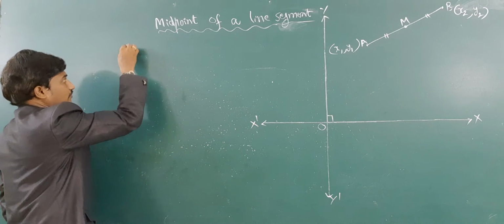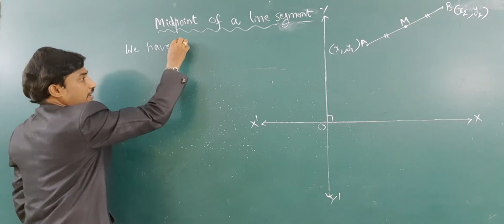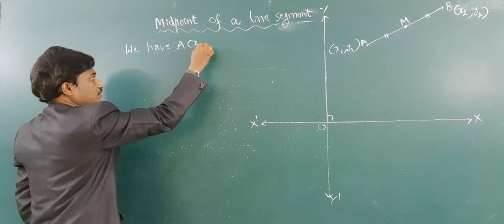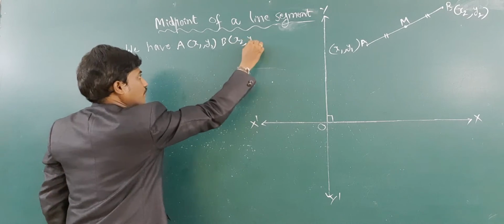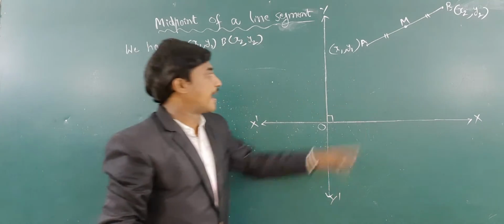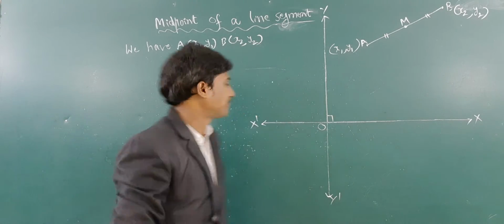We have A(x1, y1) and B(x2, y2). M is the midpoint of the line segment joining AB.